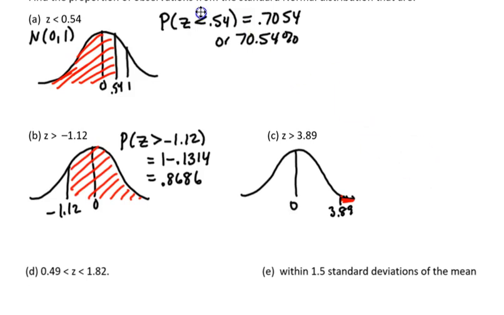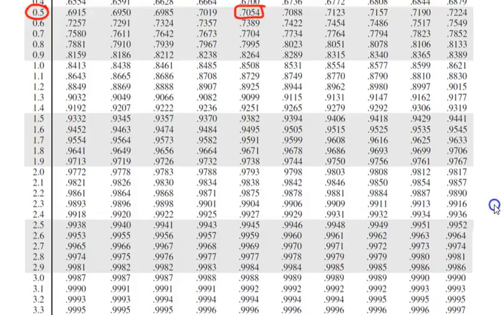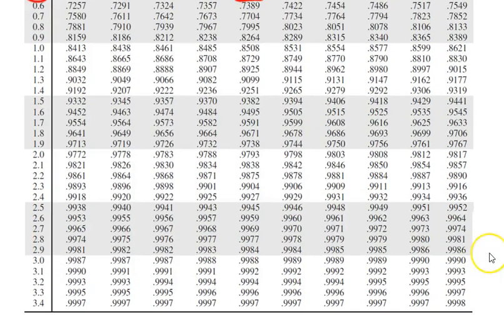On our table, we have to go to page 2, where we have positive z-scores. The biggest one we have is 3.49, and we don't have a 3.89. The 3.49 gives us 0.9998. So what do we do for anything bigger than that?